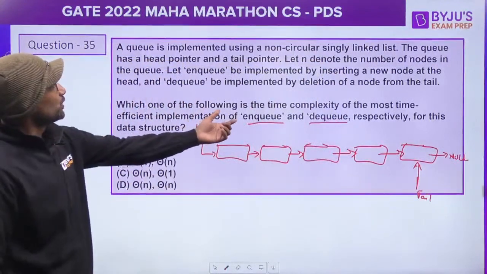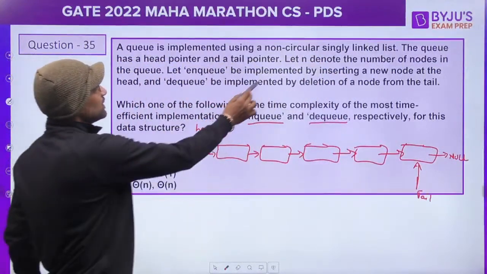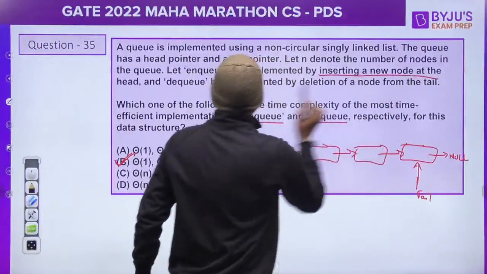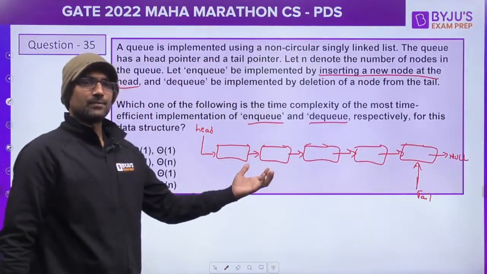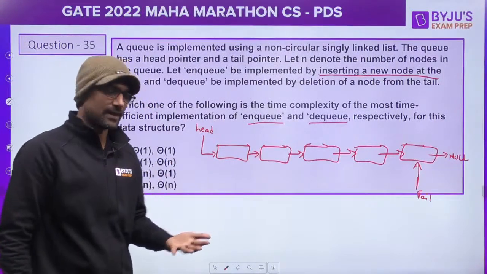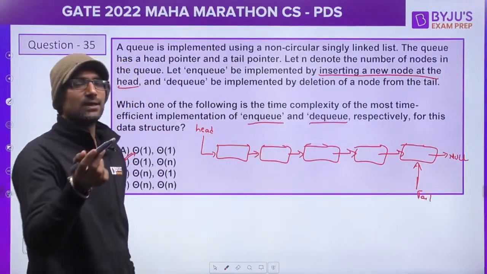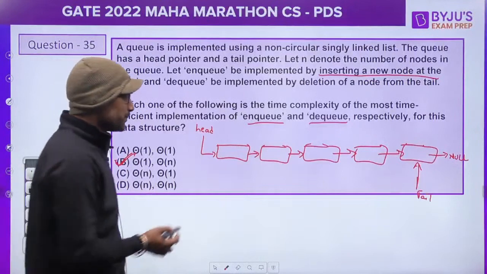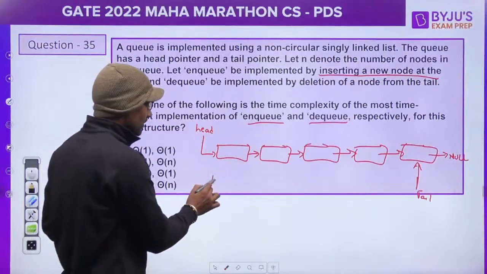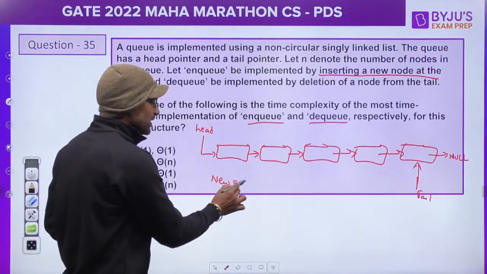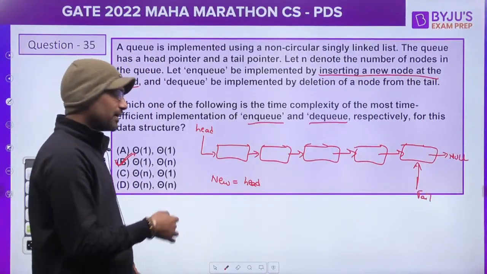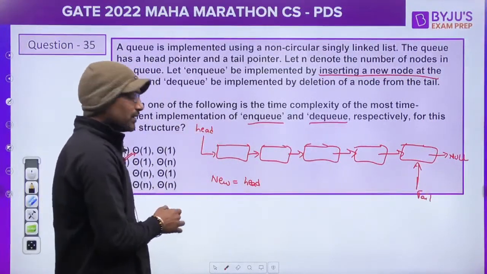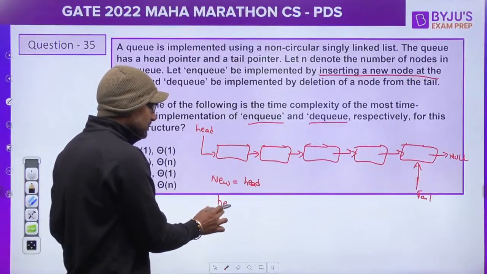Now the NQ operation inserts the node at the head. It is easy and can be performed in constant time. Suppose we have the new node as new, then what you do is point new to where head is pointing, and head is equal to new.